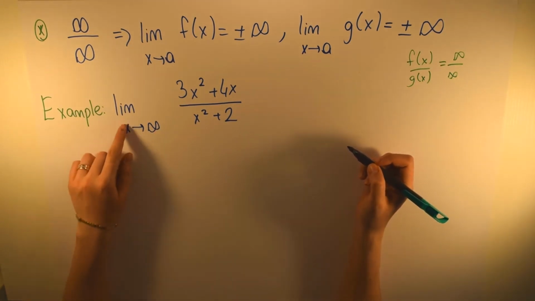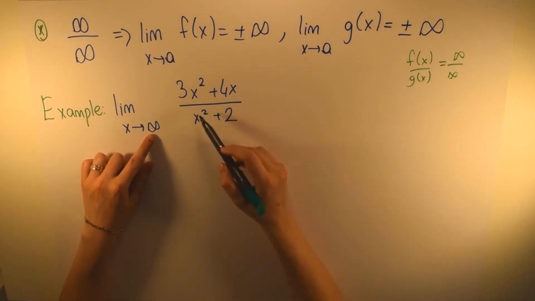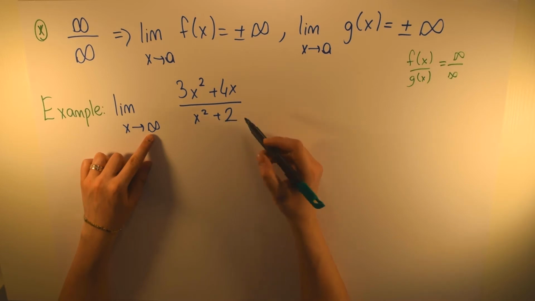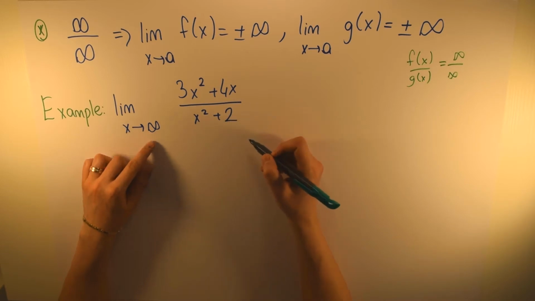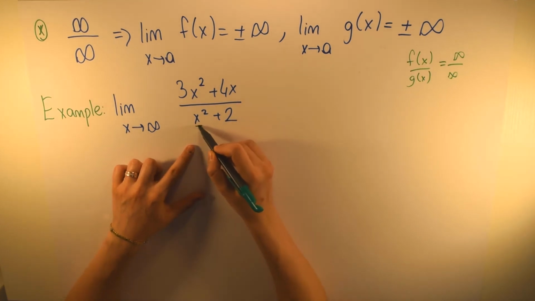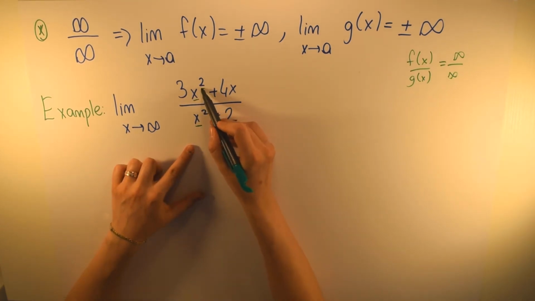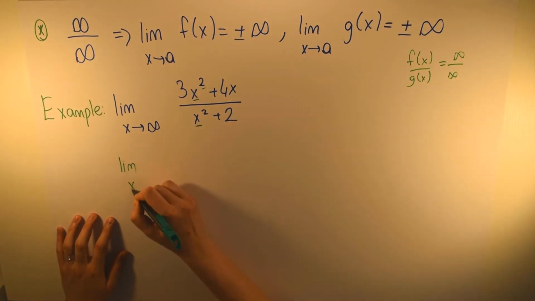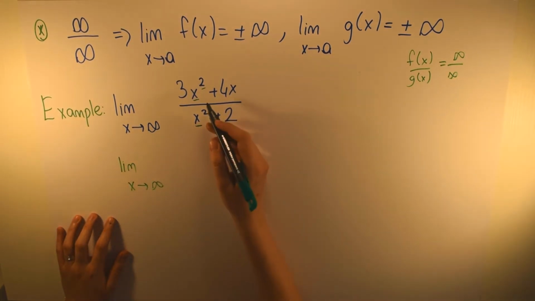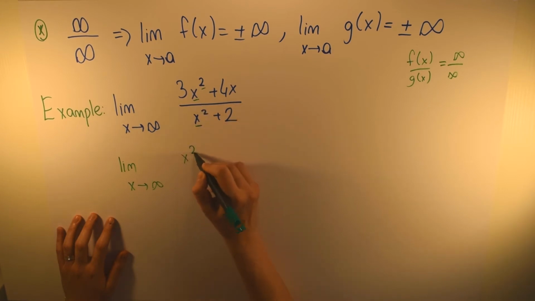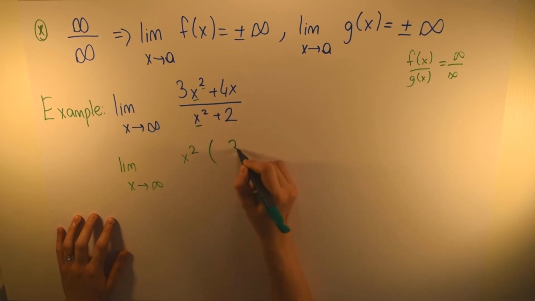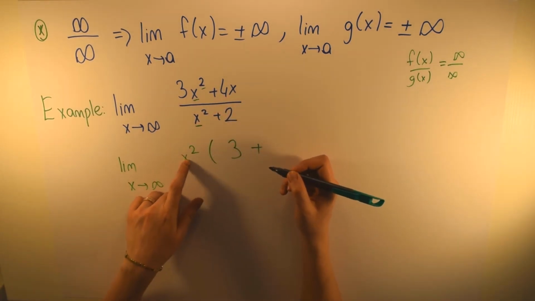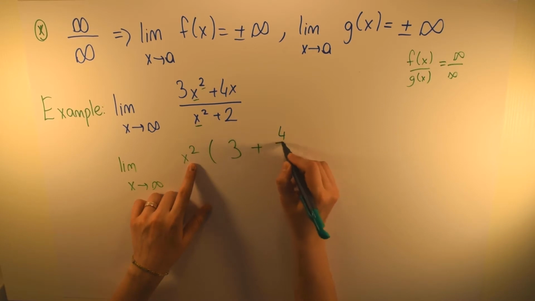Here we have the limit as x approaches infinity of 3x squared plus 4x over x squared plus 2, right? Which one has the highest degree? Here x squared has the highest degree, which is 2. So we will write this as the limit as x approaches infinity. We take the parentheses of x squared, and then it's 3 plus 4 over x.